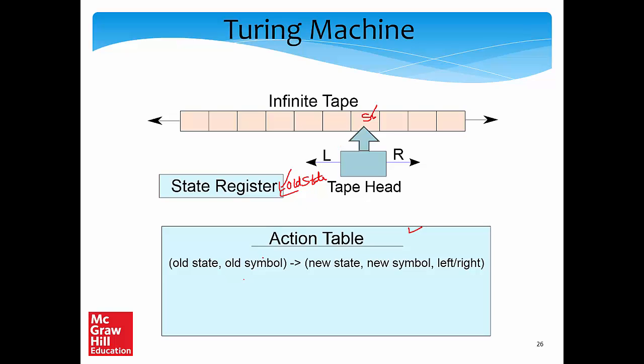Using the old state and the old symbol, we find the new state. The new state is written into the state register. We find the new symbol, so the current symbol is overwritten with the new symbol. And we move the tape head one step to either the left or to the right.